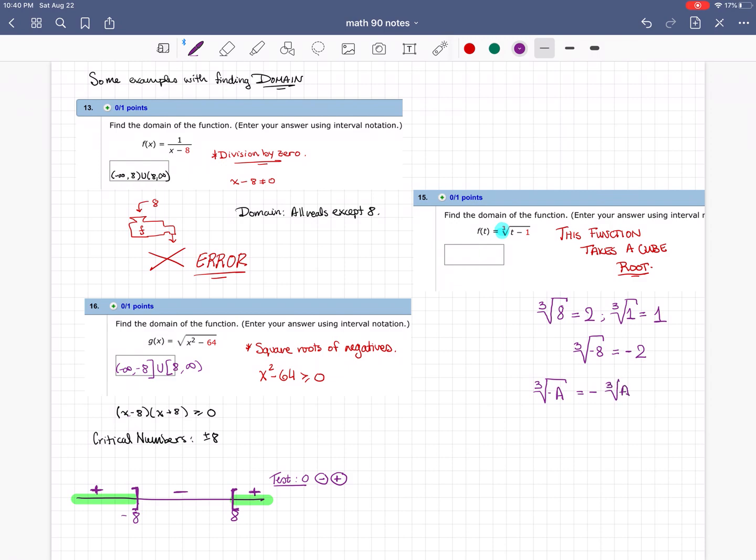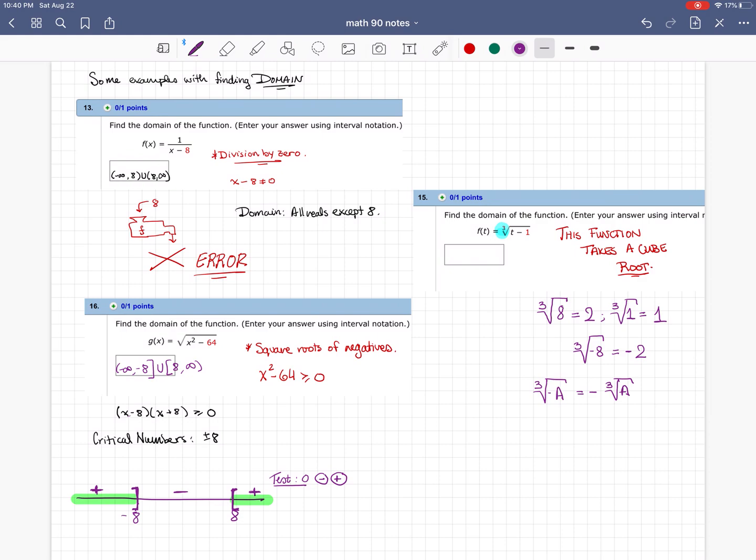So when we're talking about radicals, we have to pay attention to the index. This number here, this 3, is called the index of the radical. And if it's even, like 2 or 4 or 6 or 8 or 12 or anything like that, you have a problem with negatives.